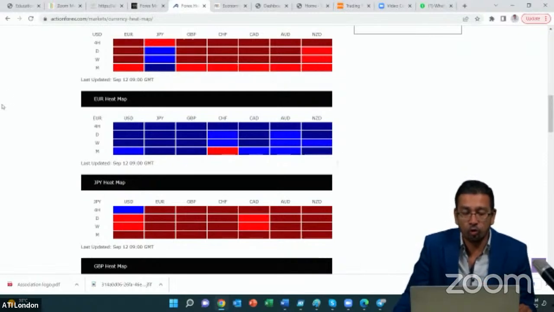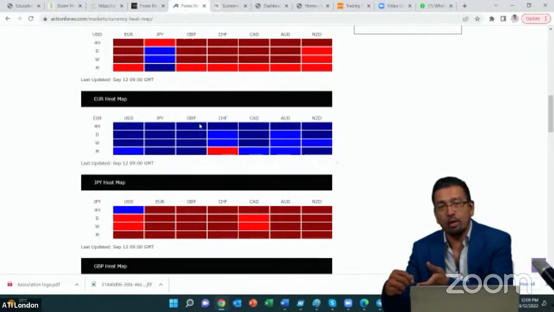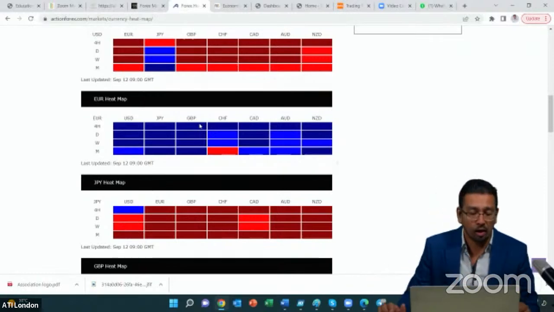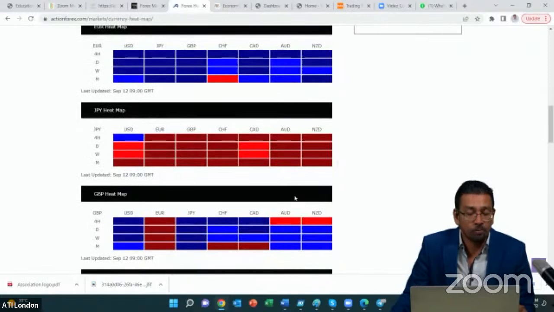So we have got Euro JPY, Euro GBP, very important for us to pick and write down this pair and do your trend analysis from there. Then we have got Euro JPY, of course, as we have seen right there.